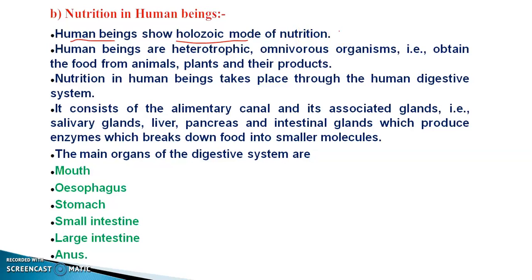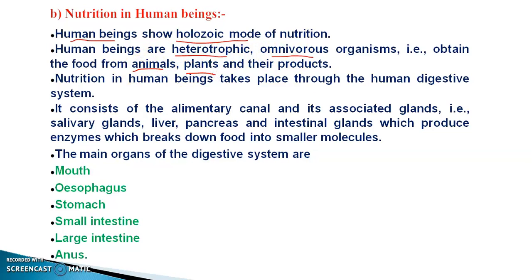So it follows various steps: the entry of food, digestion of food, and removal of waste. Now as I told you, human beings are heterotrophic as well as omnivore organisms, which means they depend on other animals, plants and their products.